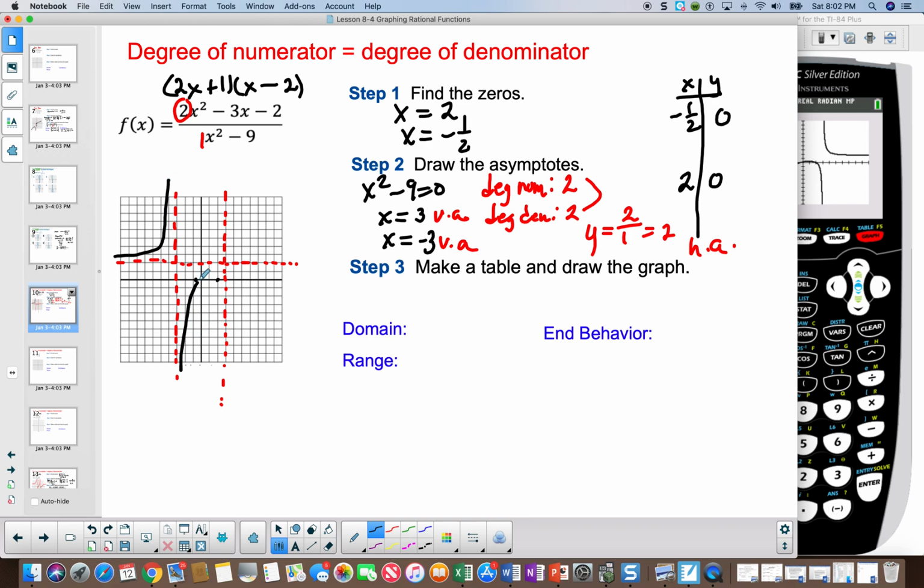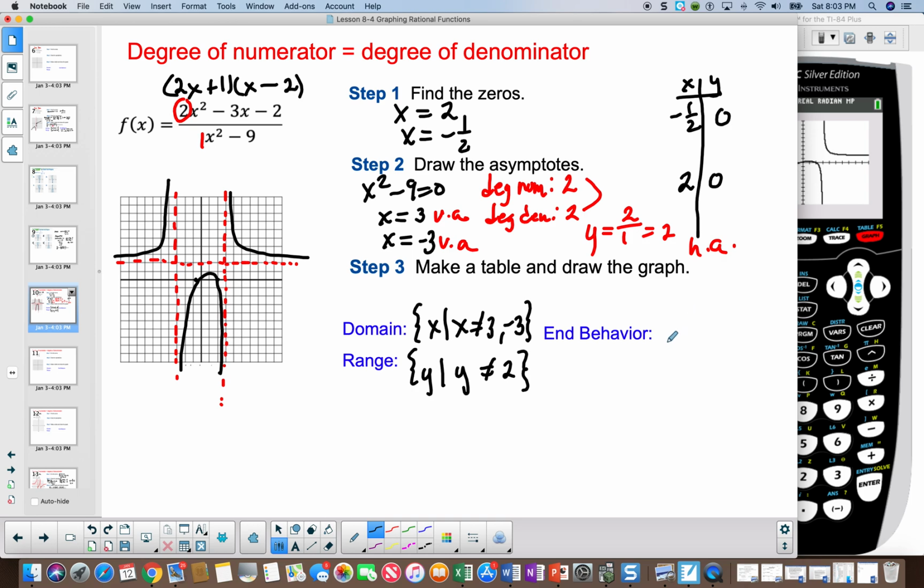Follow this asymptote, go a little above, and then follows it down, follows this asymptote, and then follows it over here. Okay, so the domain will be x such that x cannot equal 3 and -3. Now the range, there's a problem because there's a y value that I can't have. So y such that y cannot equal 2.